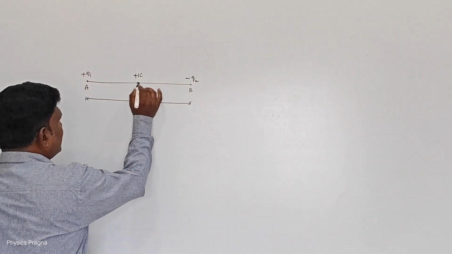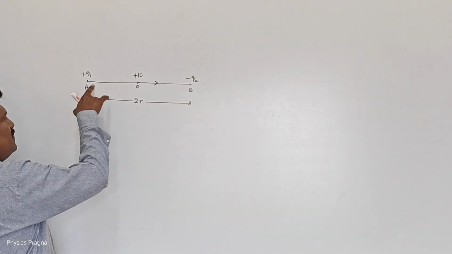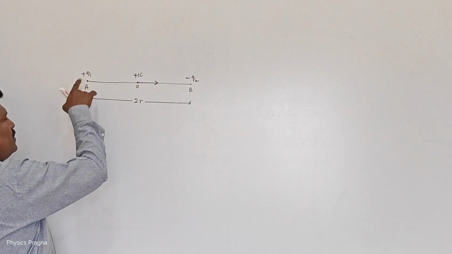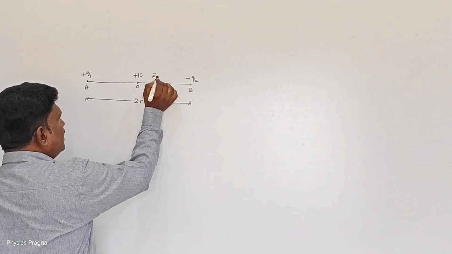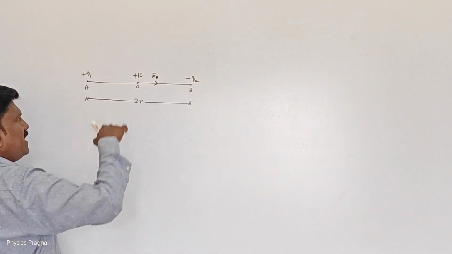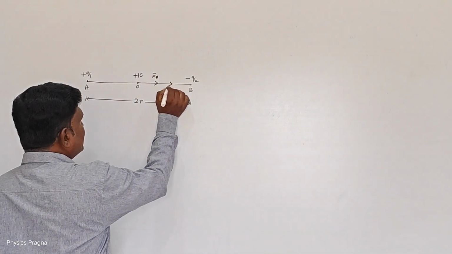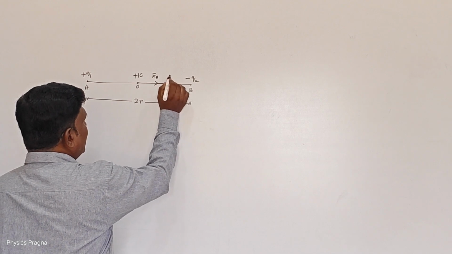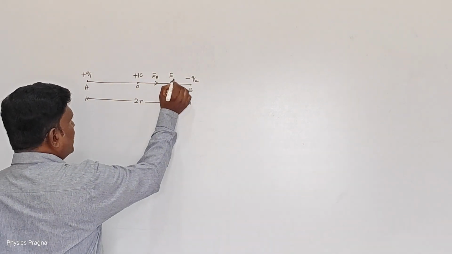So this positive charge will repel the unit positive charge in this direction. That is the electric field at O due to the charge present at A. The negative charge will attract the positive charge towards it. So this is the electric field direction due to the charge at B.